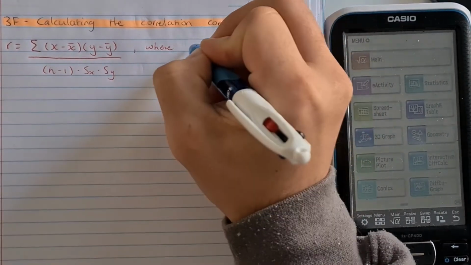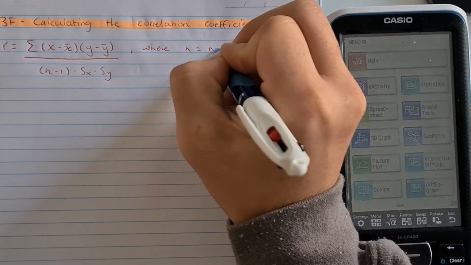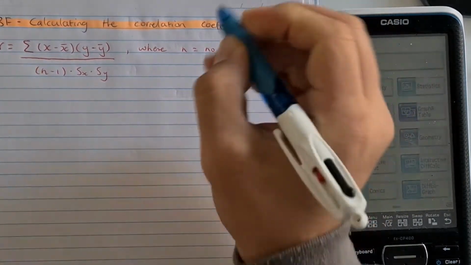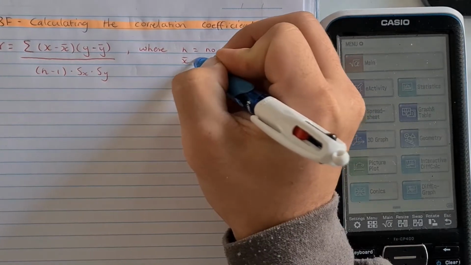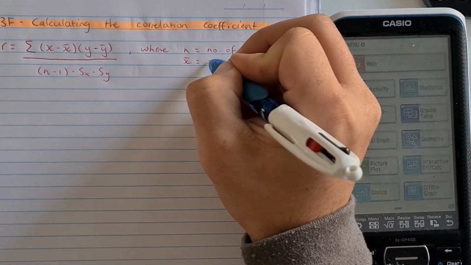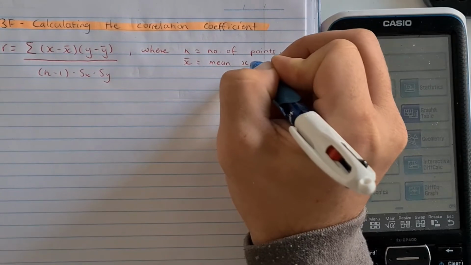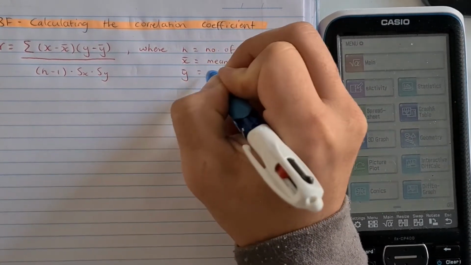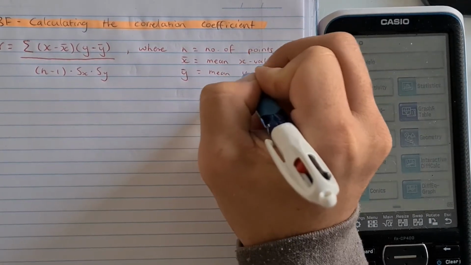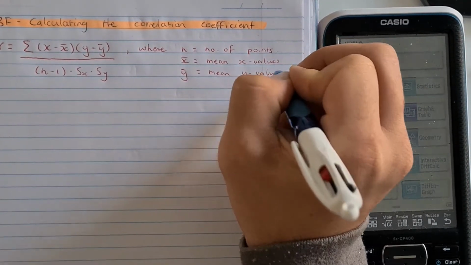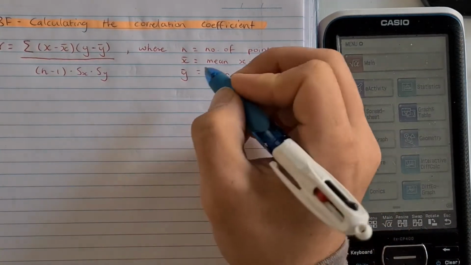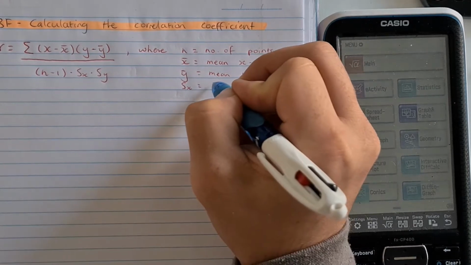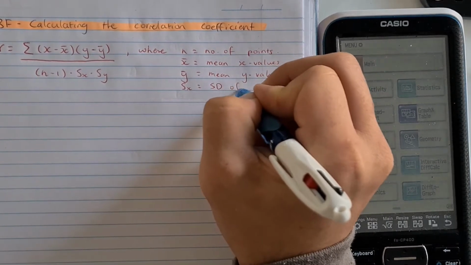Where n is your number of points, x bar is, as always, your mean of your x values, y bar will therefore be your mean of y values, S with the little subscript x is your standard deviation of x values.